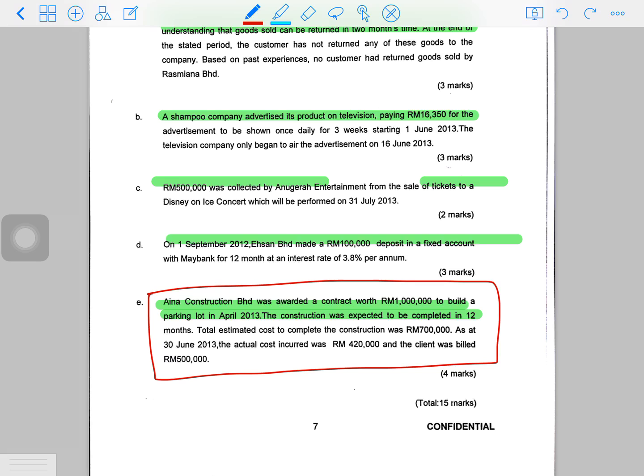I will email you and mention it in your WhatsApp. What you can do is answer it and take a picture of your answer, full page, so that I can mark.